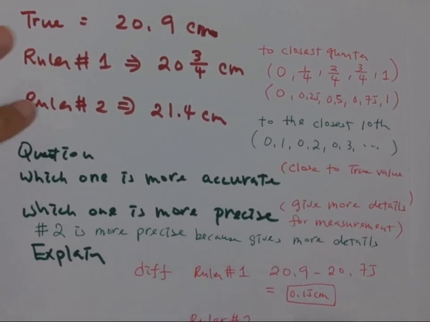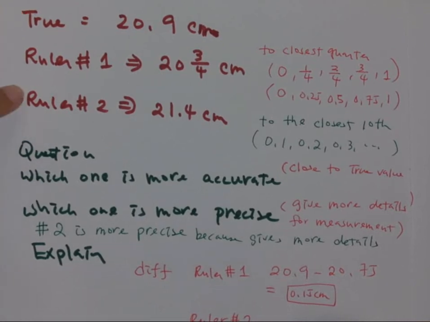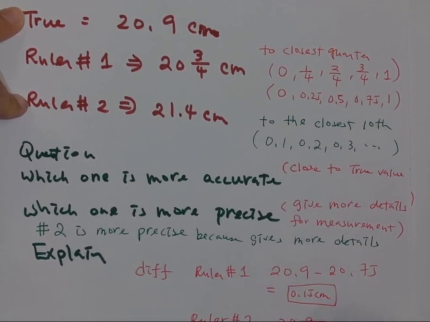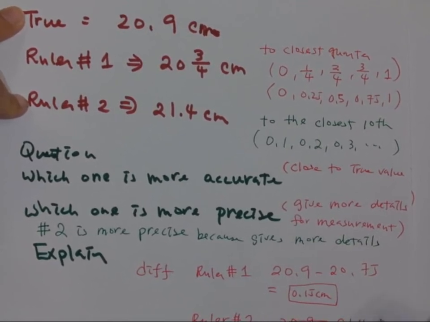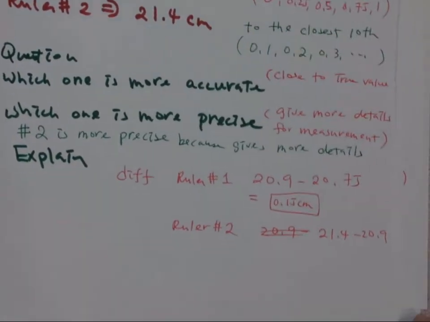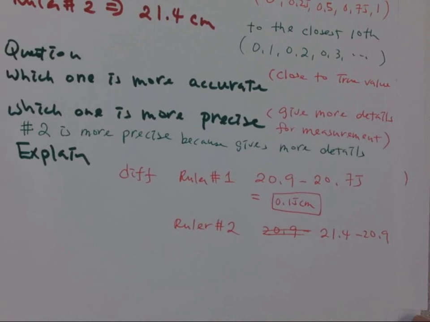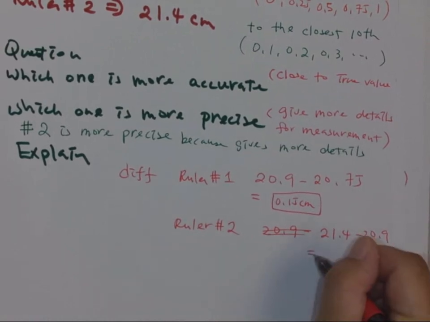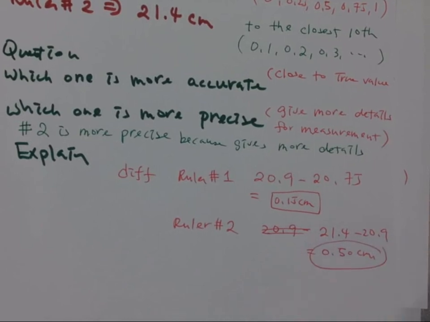How about ruler number 2? Which do we subtract from which? Can I use the true value because it's bigger? Oh no, this one, you're right: 21.4 subtract 20.9. After subtracting, we get 0.5 or 0.50 centimeter. So which one is closer?